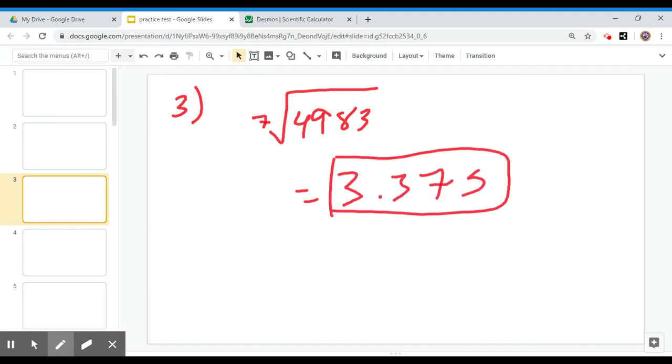Now, if you're using your TI-84, here are the steps you want to take.